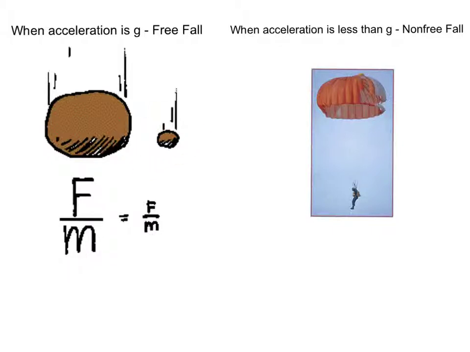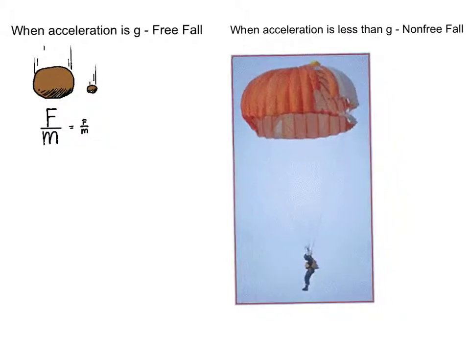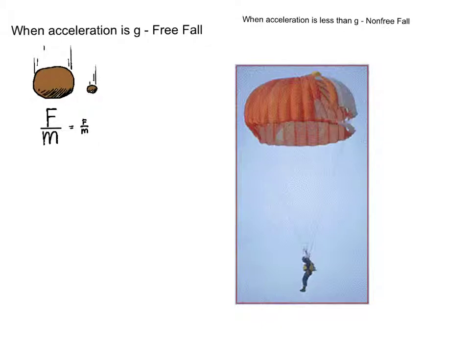Okay, so now let's take an example of cases where things are falling under not only the force of gravity. Okay, so if we have an upward drag force from like a parachute, we have non-free fall. And in those cases your acceleration is going to be less than g.